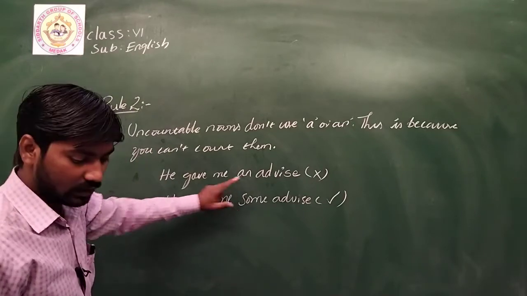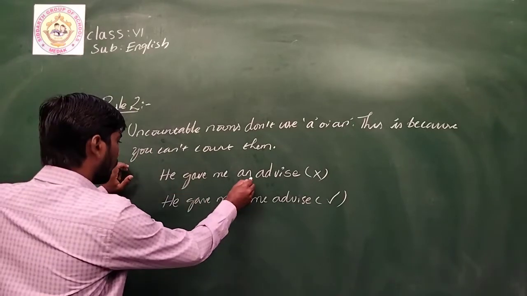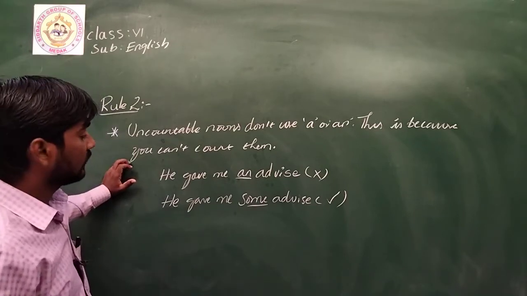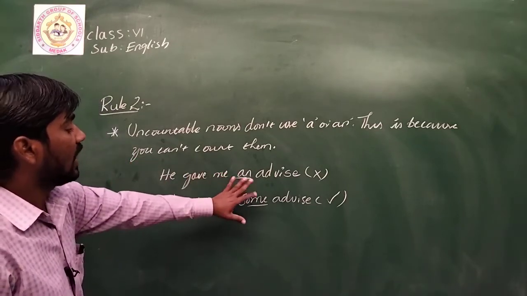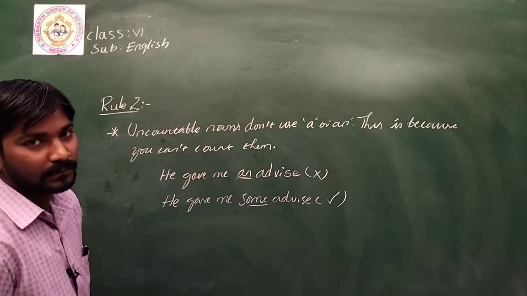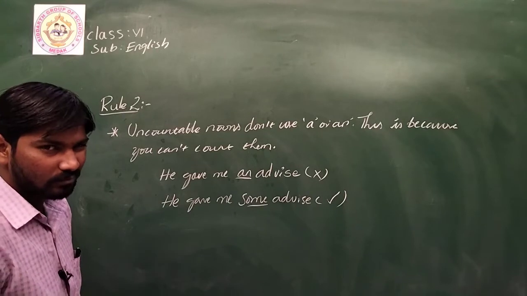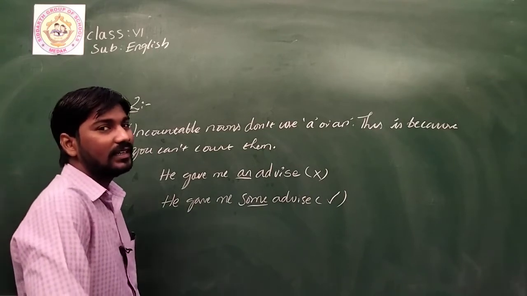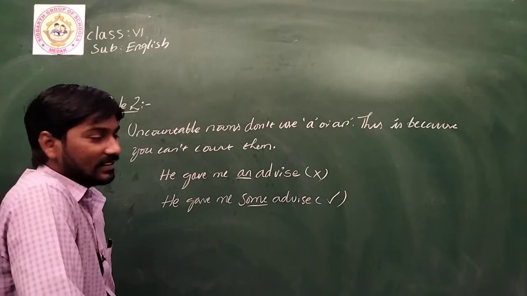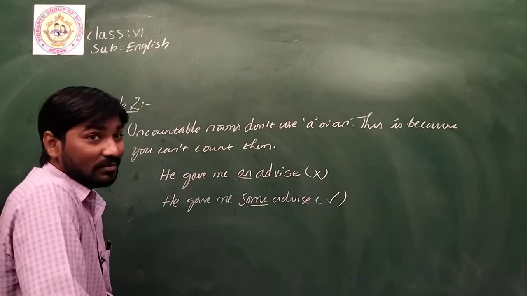Okay, I said an is wrong here. Some is okay, correct. So my question is, except this one, we have a mistake. What was the mistake? Sir, we are not getting the words. Where you have written the mistake? Yes, of course, I wrote a mistake there.